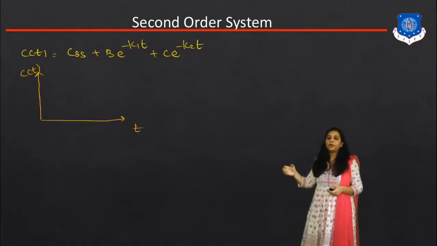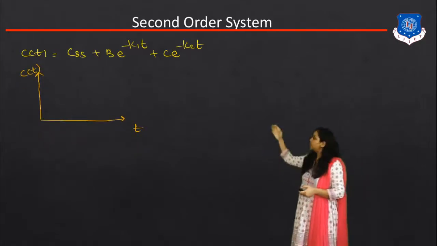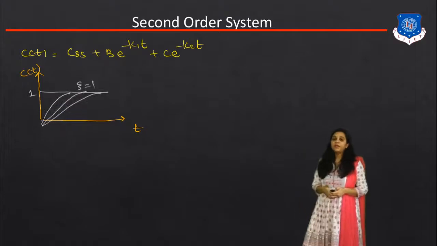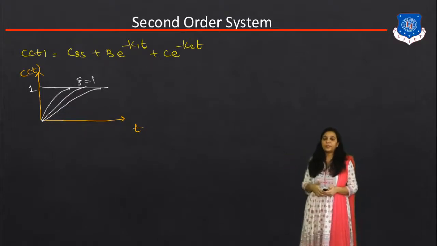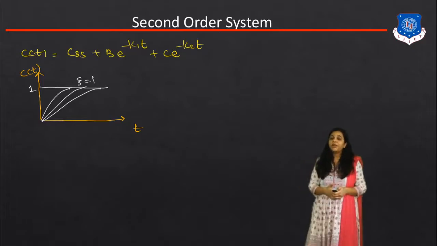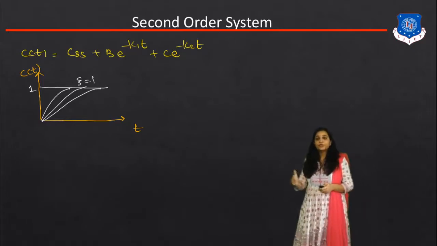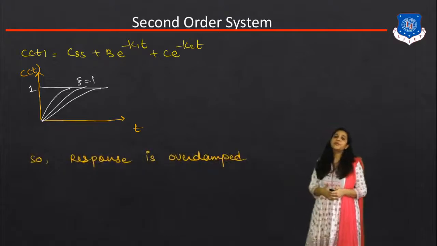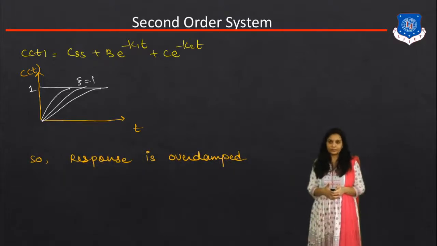If we draw the response, time versus output c(t), we get this type of response, where the final value of output c(t) is equal to 1. This type of response is known as the overdamped response.